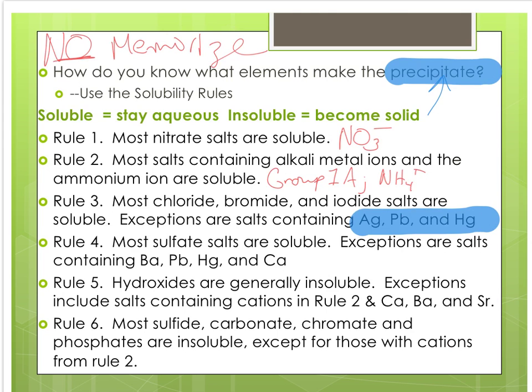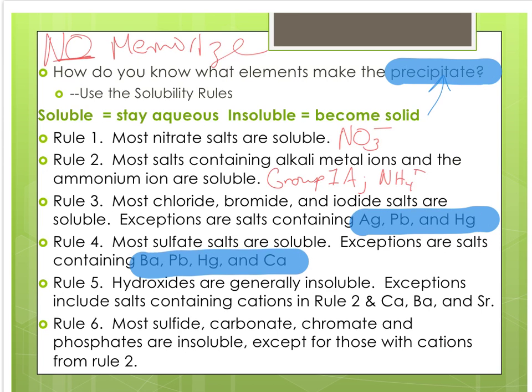Rule number 4, most sulfate salts are soluble, except when they're with barium, lead, mercury, and calcium. Okay. So those will be solids, they will precipitate, but any other sulfate salt will be soluble, it'll stay aqueous.